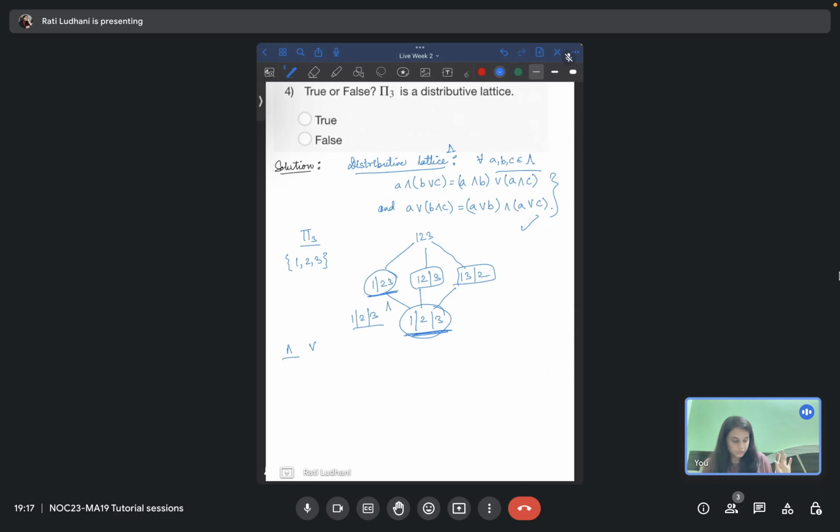So now you know the operations. Now if you have this element and this element, so you have 1 2 3 and 1 2 3, what will be the join of this? Check if you can see. You are asking for the least element which is above these two elements.